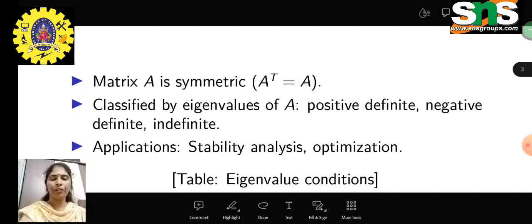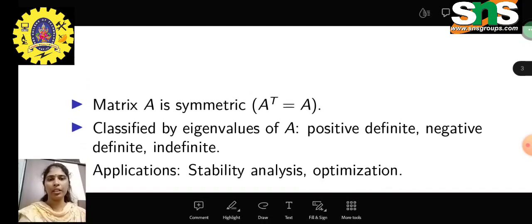Here positive definite means all the three eigenvalues of the matrix will be positive, or if we take a 2 by 2 matrix, then all the two eigenvalues will be positive. Then negative definite means both the eigenvalues are negative. Indefinite means one will be positive, another will be negative. In that case we call that eigenvalue to be indefinite type.